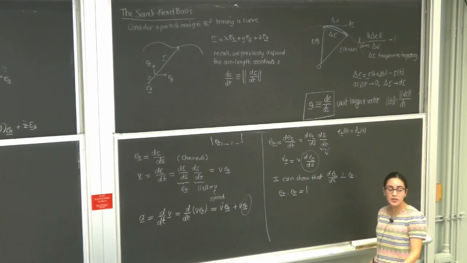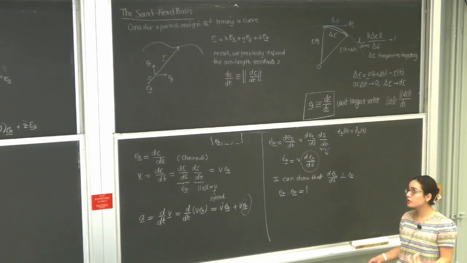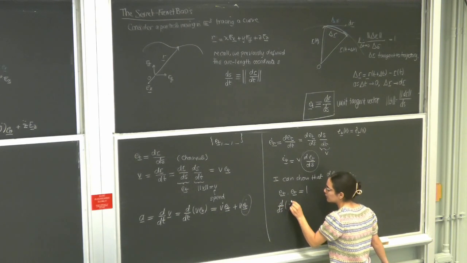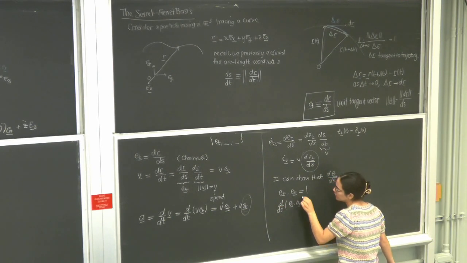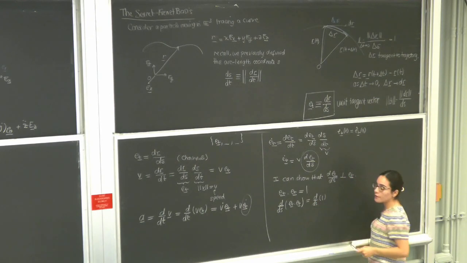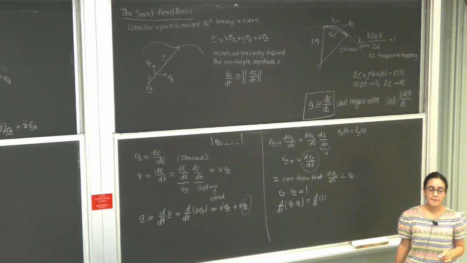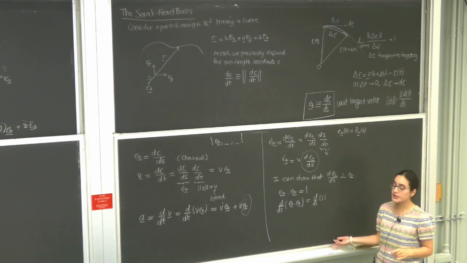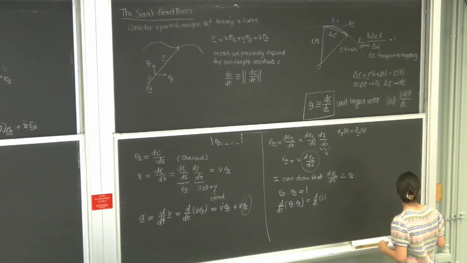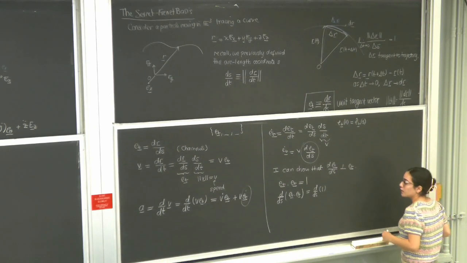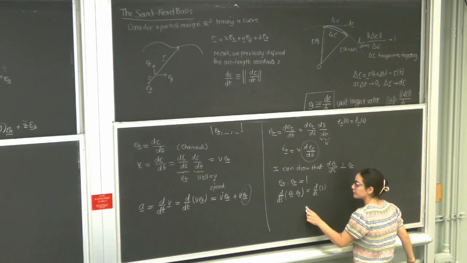And then I'll take the derivative of both sides of this equation with respect to s. What's the derivative of 1 with respect to s? 0, right? It's a constant. So that's 0.